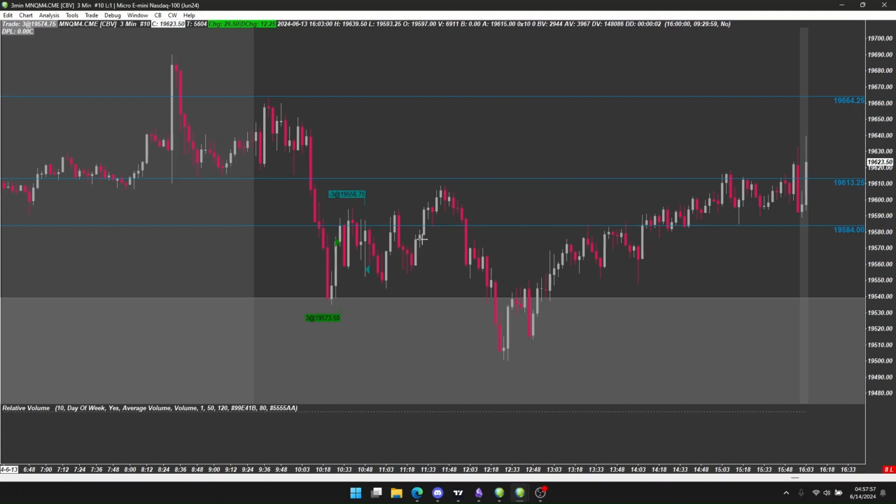I would have moved my stop here once this candle closed above this level here. So what price is that? 57675, and that would have given me a small profit on the day, very small, basically a break even trade.